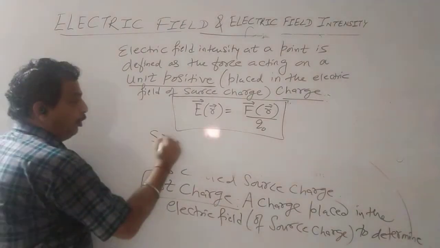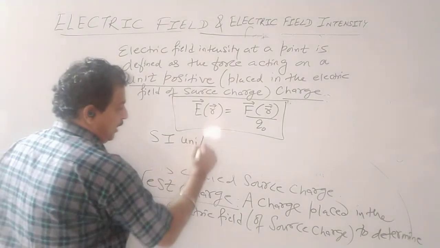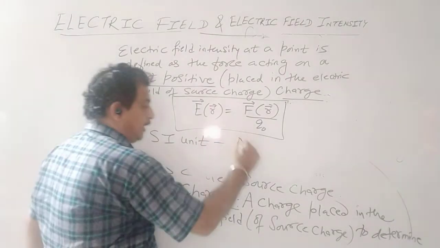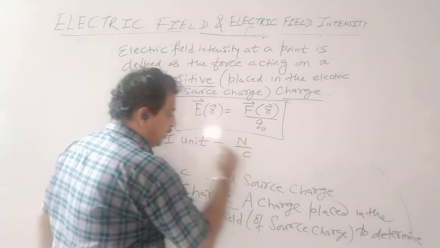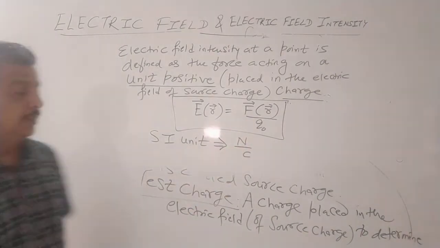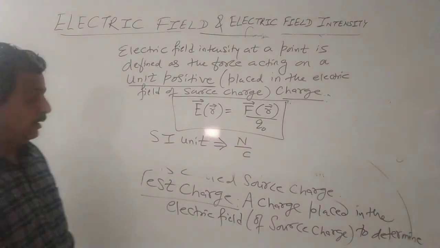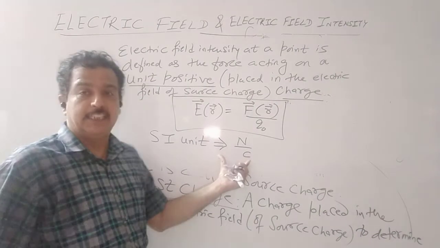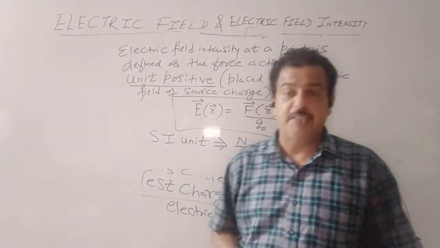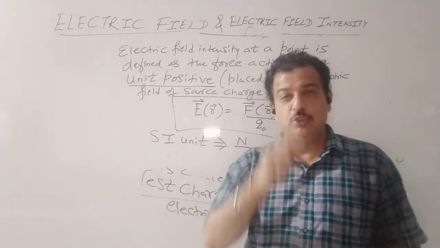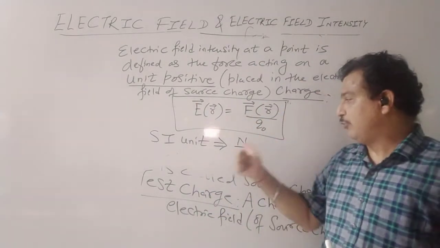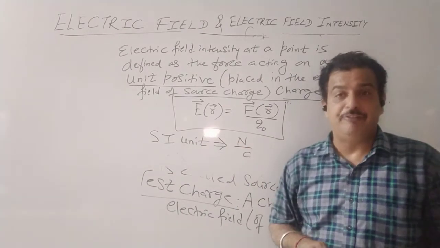And from this formula, the SI unit of electric field intensity can be written as Newton per Coulomb. So if I say the electric field intensity is 5 Newton per Coulomb, it means if I place 1 Coulomb of charge in the electric field of a source charge, the force exerted will be 5 Newton.